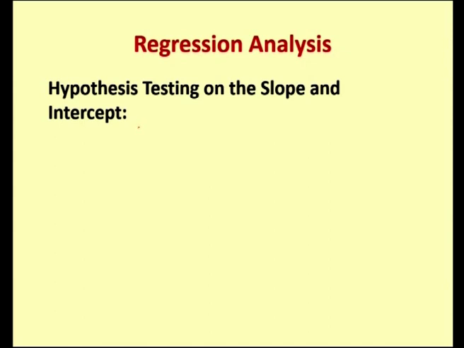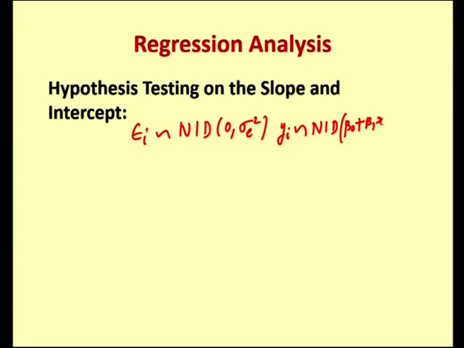We know that the error term follows normal distribution, identically and independently distributed with mean 0 and variance sigma e squared, and y_i follows normal, identically and independently distributed with mean beta naught plus beta 1 x_i, comma sigma squared.